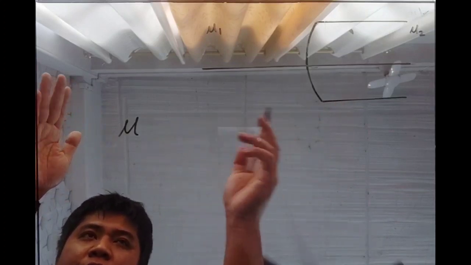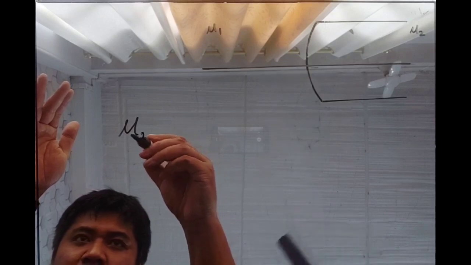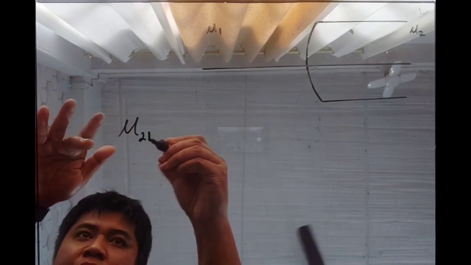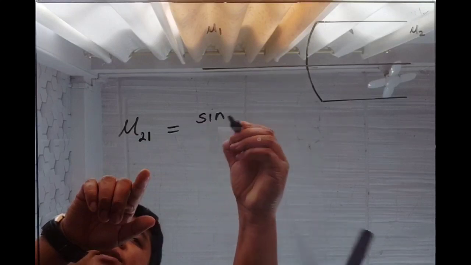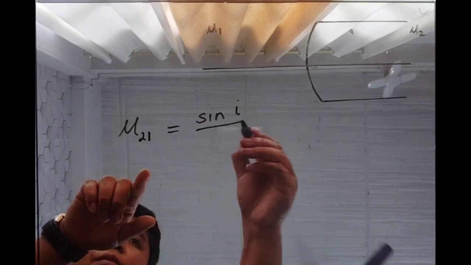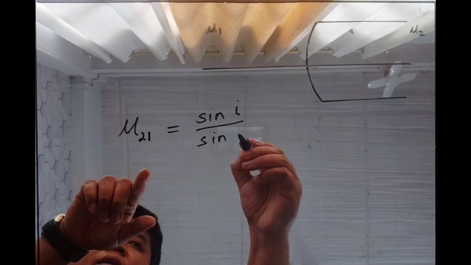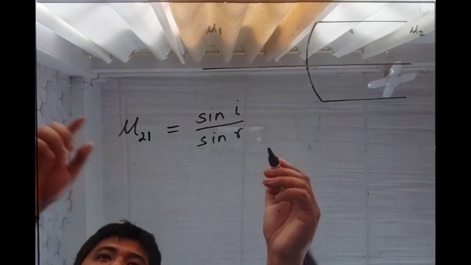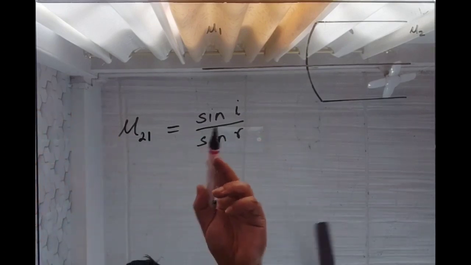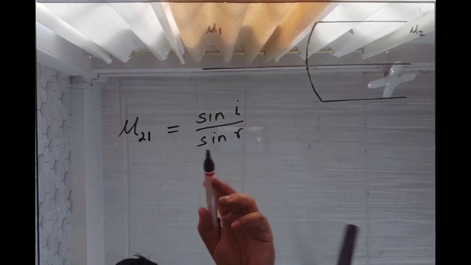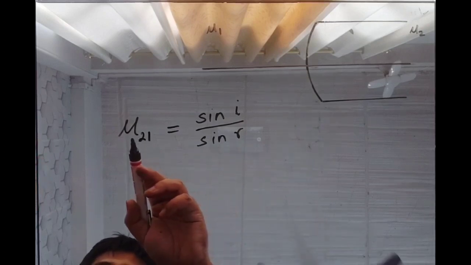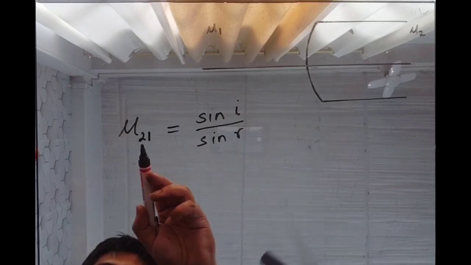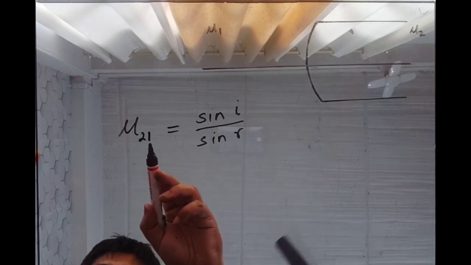The refractive index of the denser medium with respect to the rarer medium is equal to the sine of the angle of incidence divided by the sine of the angle of refraction. Mu2 1 is sine of angle of incidence by sine of angle of refraction. Here mu2 1 is the refractive index of the second medium with respect to the first medium.